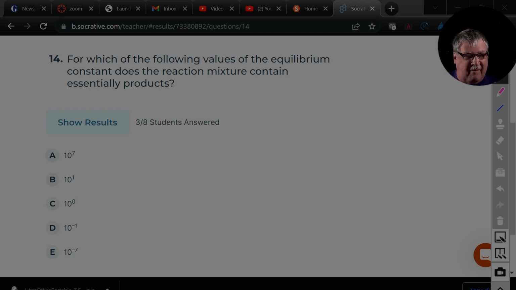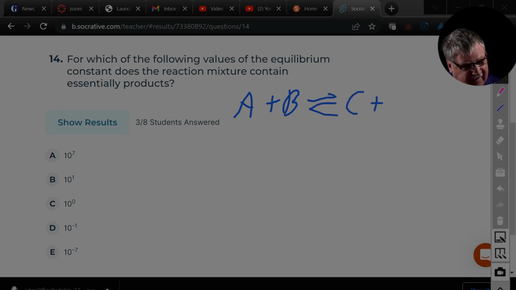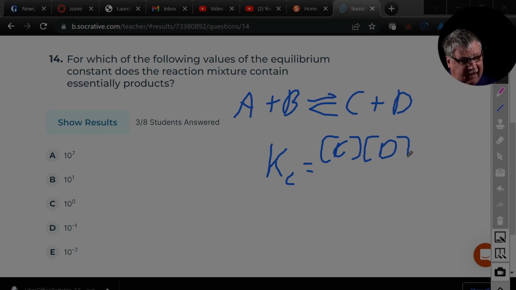Is it small? Well, think about it this way. Say you have this reaction. Let's write it out. A plus B in equilibrium with C plus D. Which goes on the top of the mass action expression? If I write an equilibrium for this, then I'm going to have C times D on the top, and I'm going to have the reactants on the bottom.